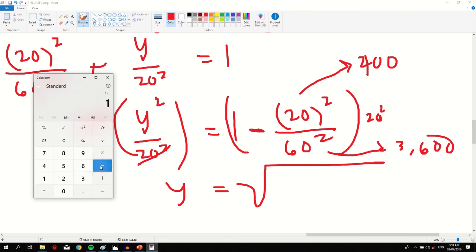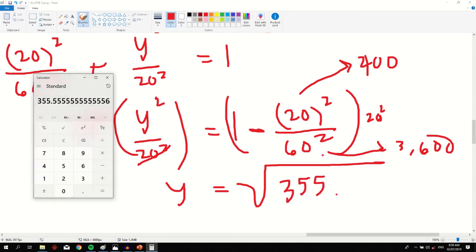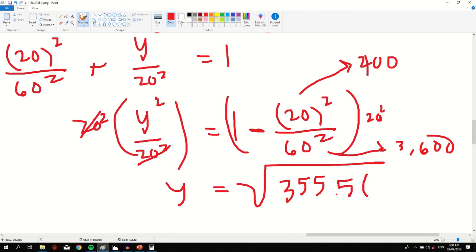Then 1 minus that answer, I'll copy that. 1 minus that one is equals to 0.88. Then we times it with 20 square. 20 square is 400 is equals to 355.56.